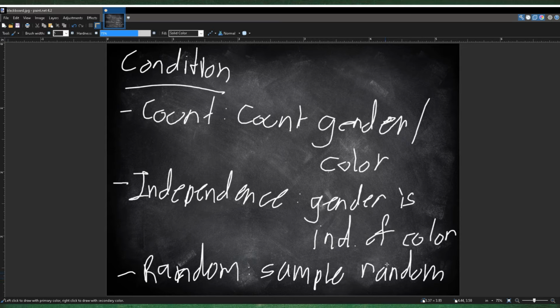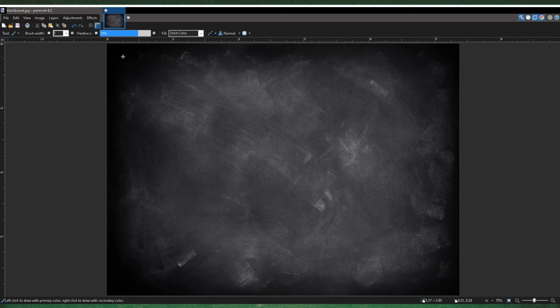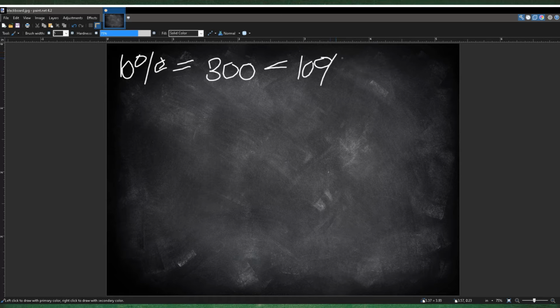Random sample of 300 people, right? Sorry, kind of running out of space. So you have the 10% condition. Your sample size of 300 is less than 10% of your population.